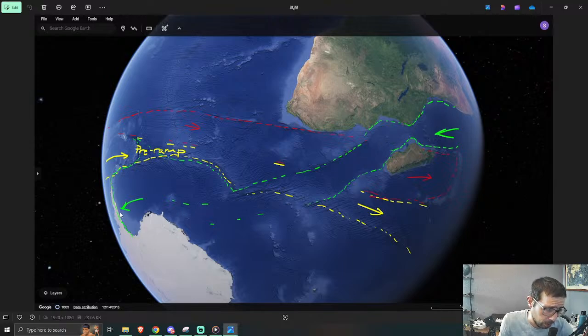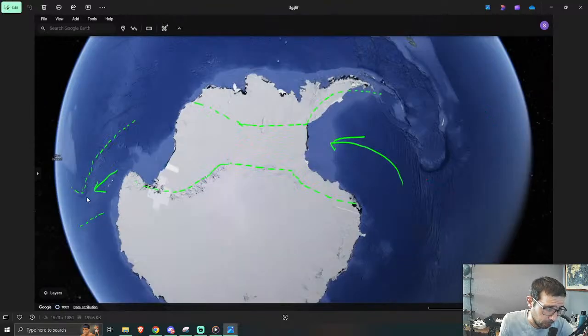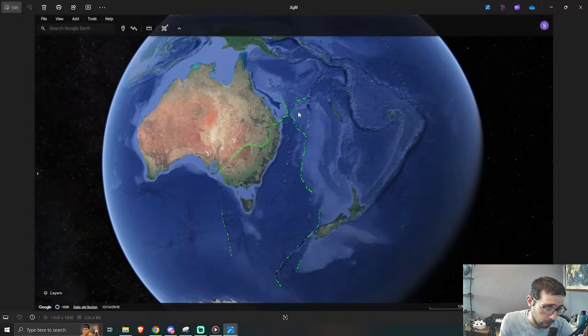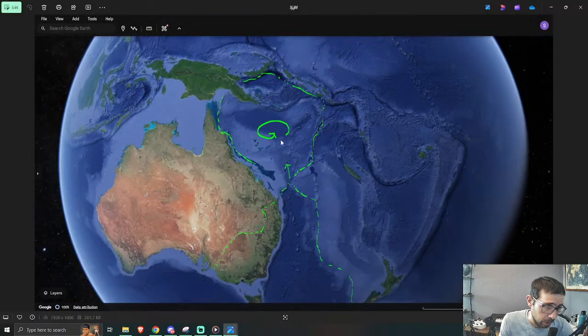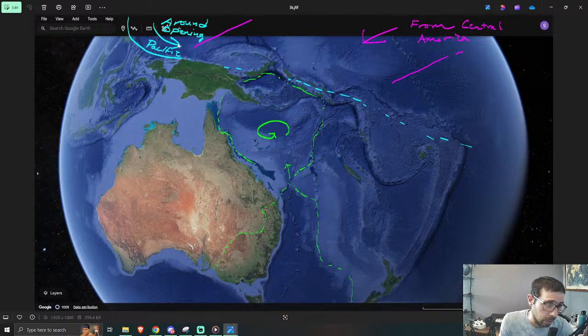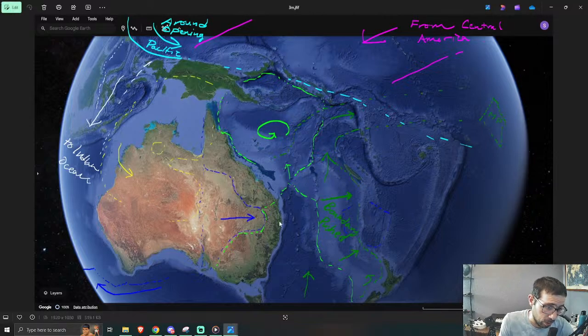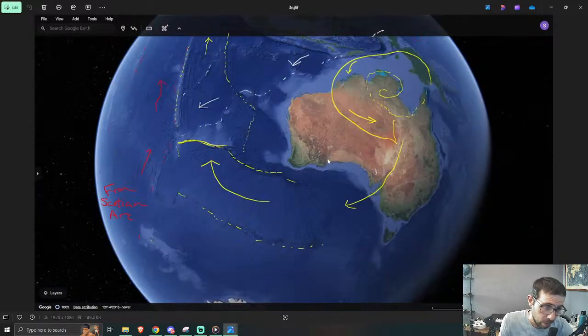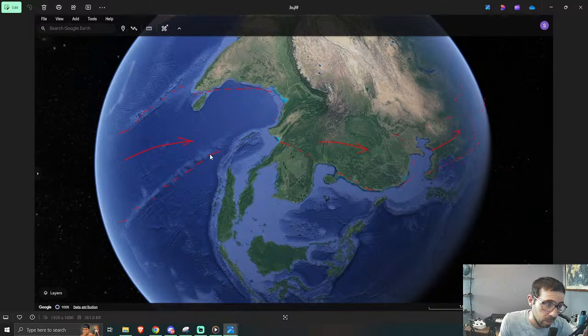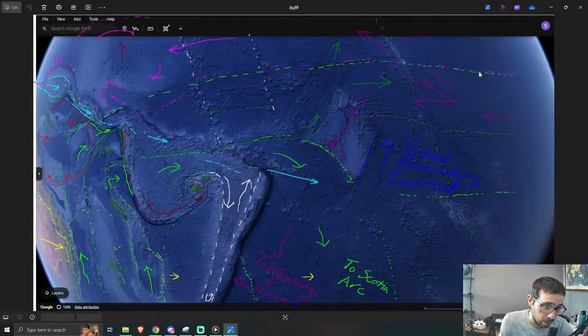Continues this way, goes over here, continues this way, goes this way, goes here, eddies, interacts with other currents, pushes this boundary, other currents over here, eddying here, pushing this boundary. Some other stuff going on. Some other stuff with the current going this way, around.